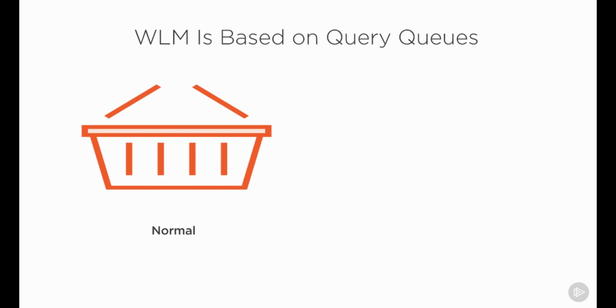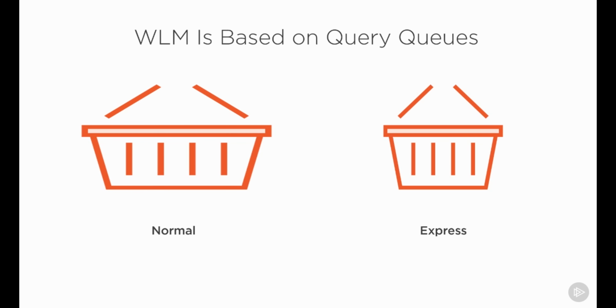So the grocery store, noticing this type of frustration being common, decides to open up a fast lane, just for shoppers with a few items. They say up front that you must have fewer than, say, 10 items to use in that lane. Workload management is basically the same. You can create multiple query queues with rules for each, controlling what types of queries can be placed into what queues.